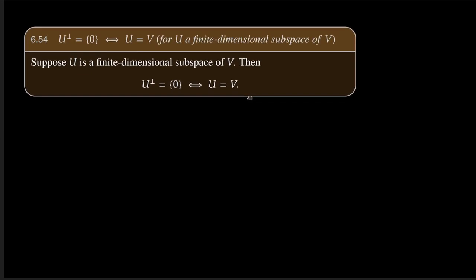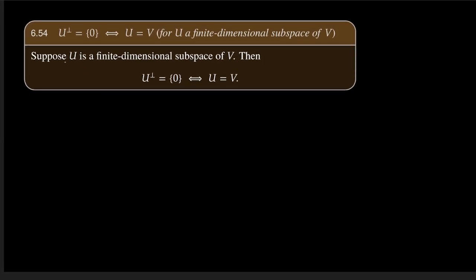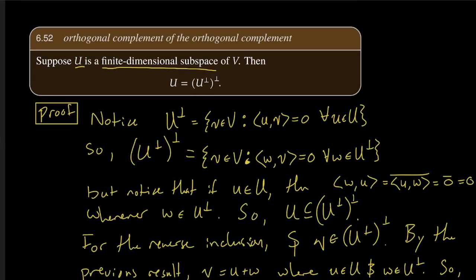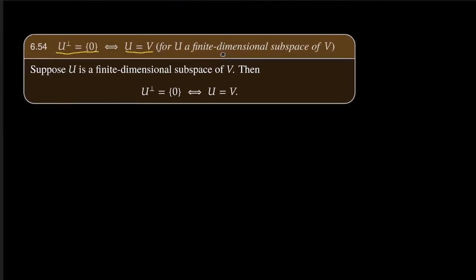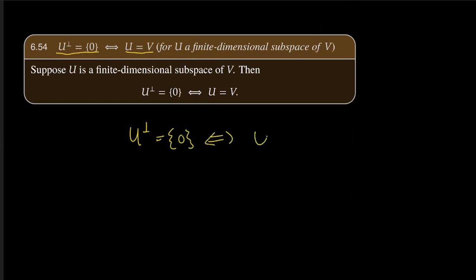This gives us some nice little consequences. It says the following. If U perp is equal to just the 0 vector, this happens if and only if U is equal to V, for U a finite dimensional subspace of V. Not too bad. If we go back up to what we just did, it says you perp it twice, you get back yourself. So I'll take a perp of this thing and a perp on the other side.